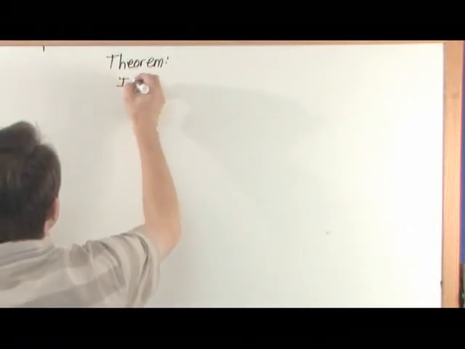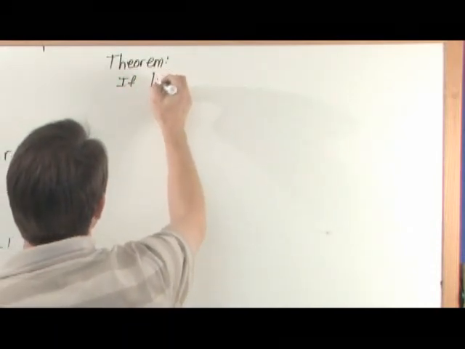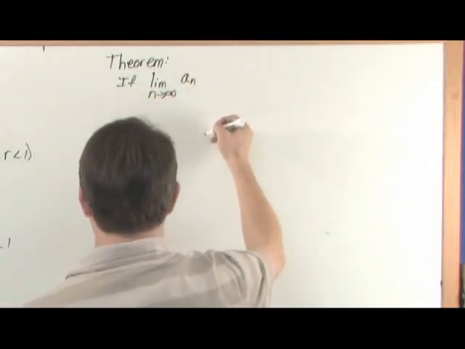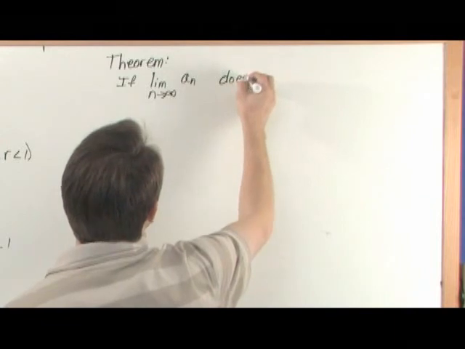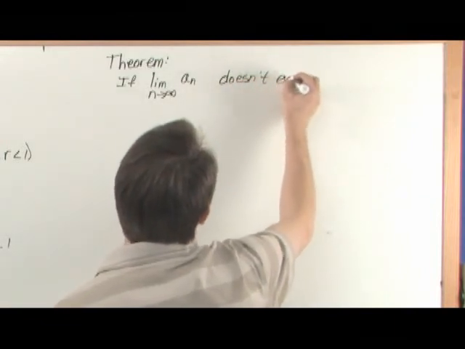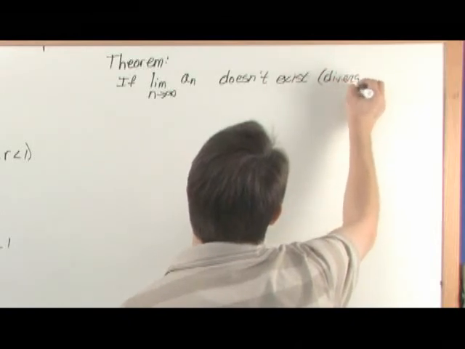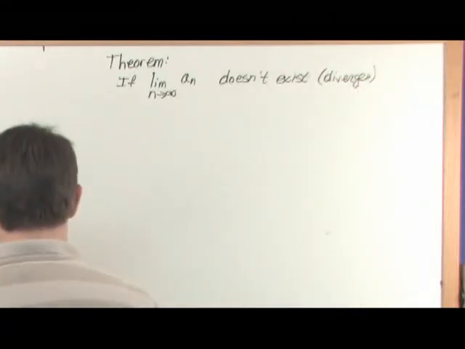If the limit as n goes to infinity of a sub n doesn't exist, that means it diverges. That's all that means, okay?